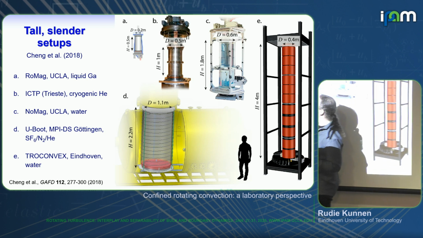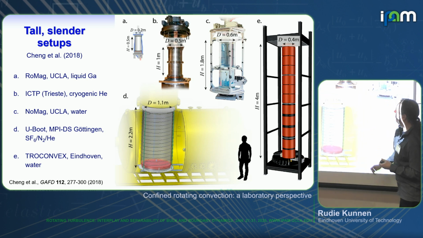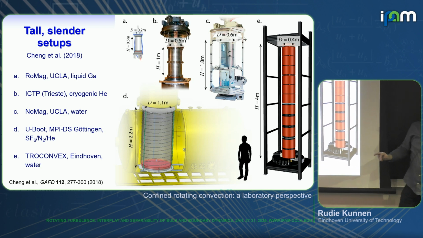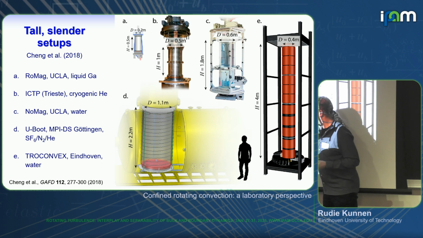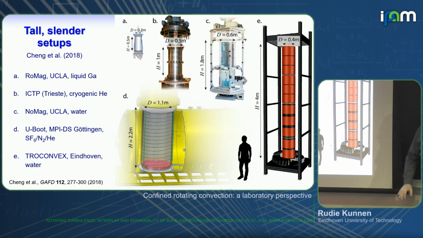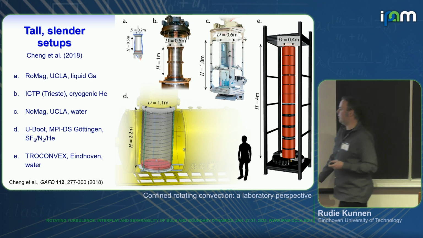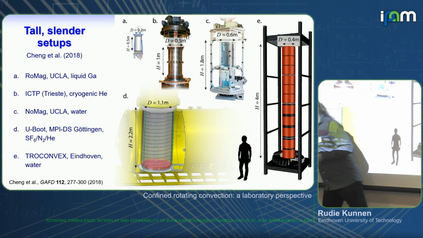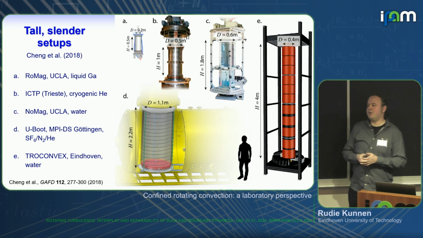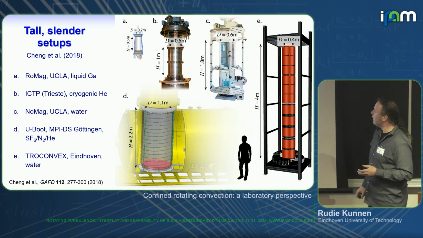So there's liquid gallium, there's cryogenic helium, then there's 2 water setups. And there's also one setup from Göttingen where there's a big pressure vessel where they could use pressurized gases. In particular, this sulfur hexafluoride gas, which is particularly suited to get to very high Rayleigh numbers.